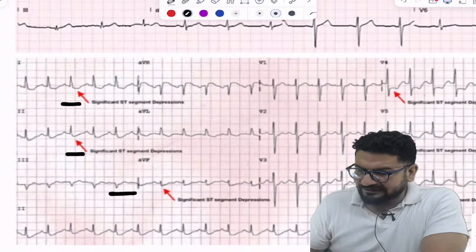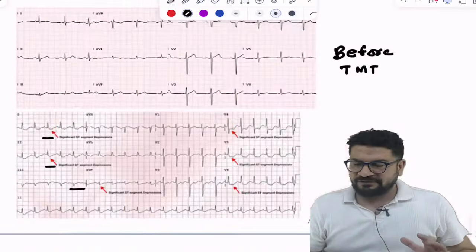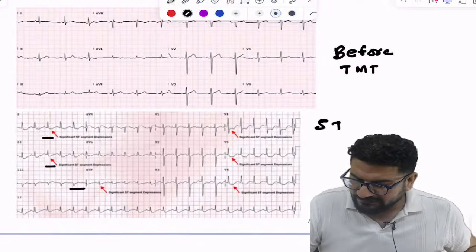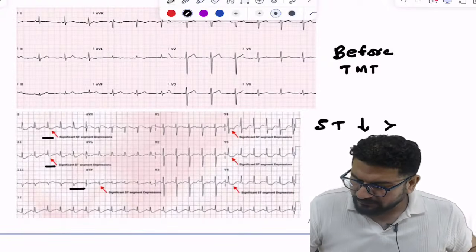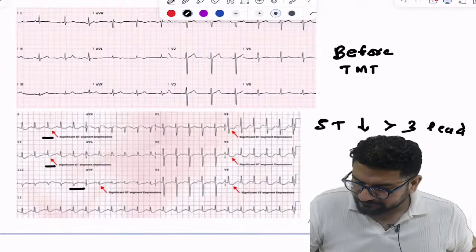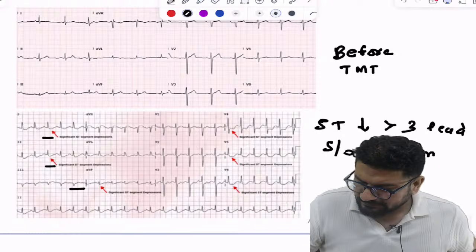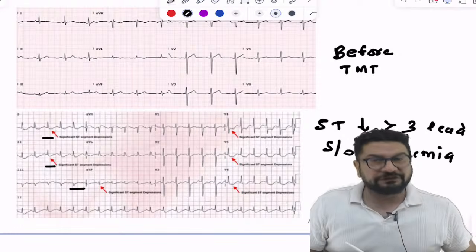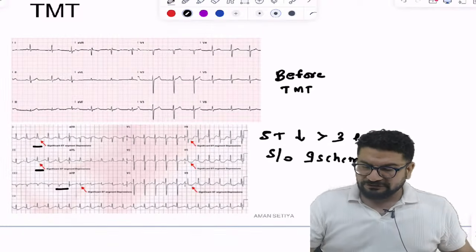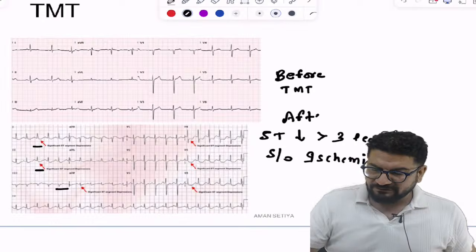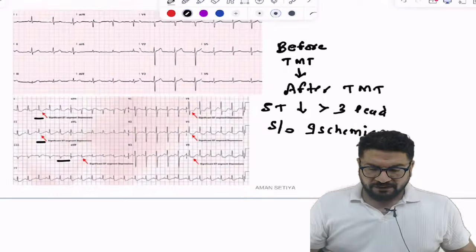So when you see ST depression in more than 3 leads, this is suggestive of ischemia. So this is before TMT and this is ECG after TMT, or I can say during TMT. Simple.